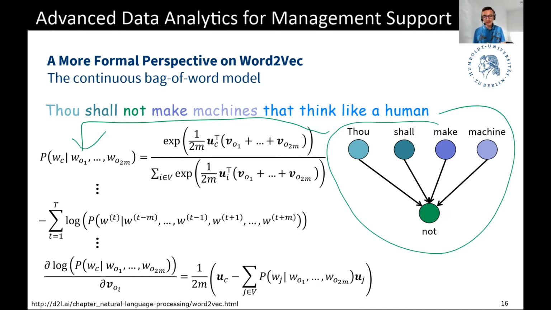Again, one of these big sums, and because of that we would once again have an update of all the weights in our neural network. So the training of CBOW suffers the same problem as skip-gram, being extremely costly. That is what we can learn from this exercise, looking at the loss function and the derivative of the loss that we need for the gradient update, using either CBOW or skip-gram.